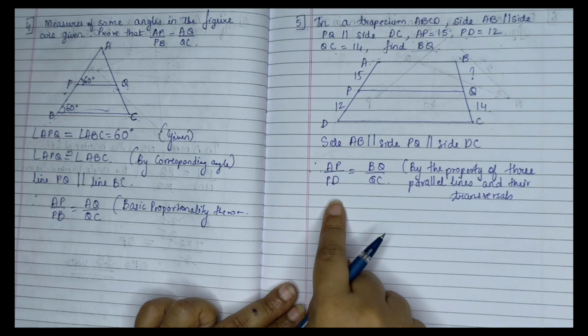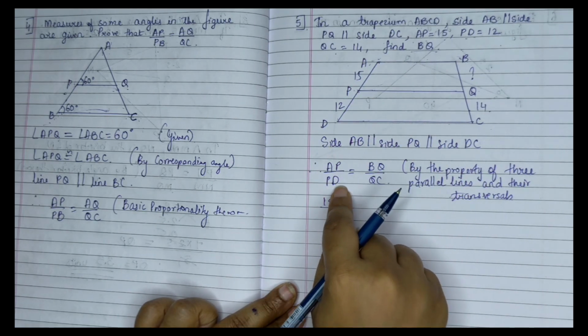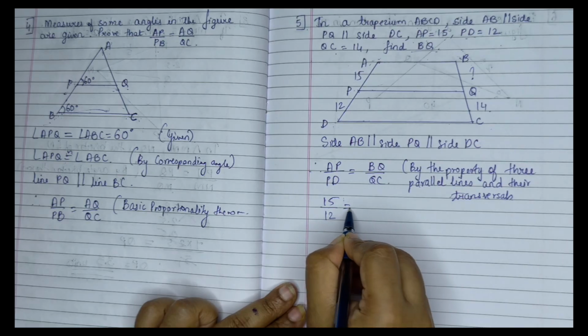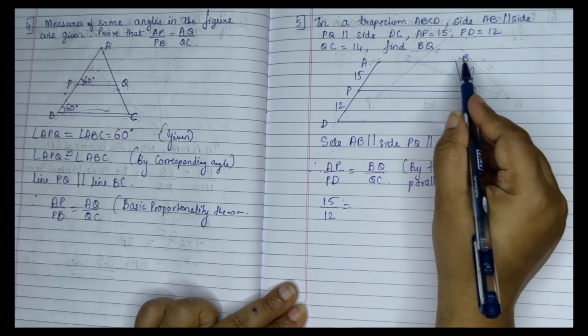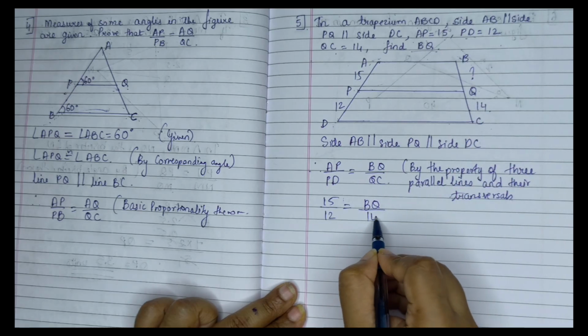Now we can write down their values. AP is given 15, PD is 12, is equal to BQ, which we have to find, upon QC is 14.